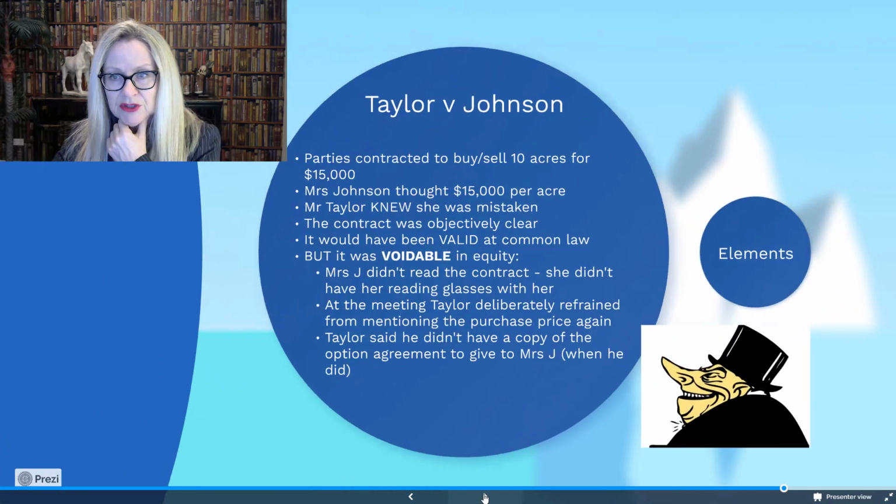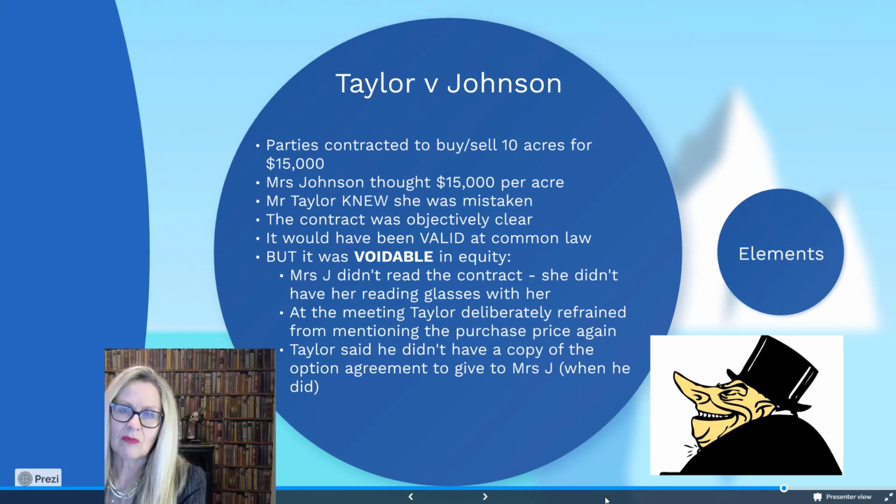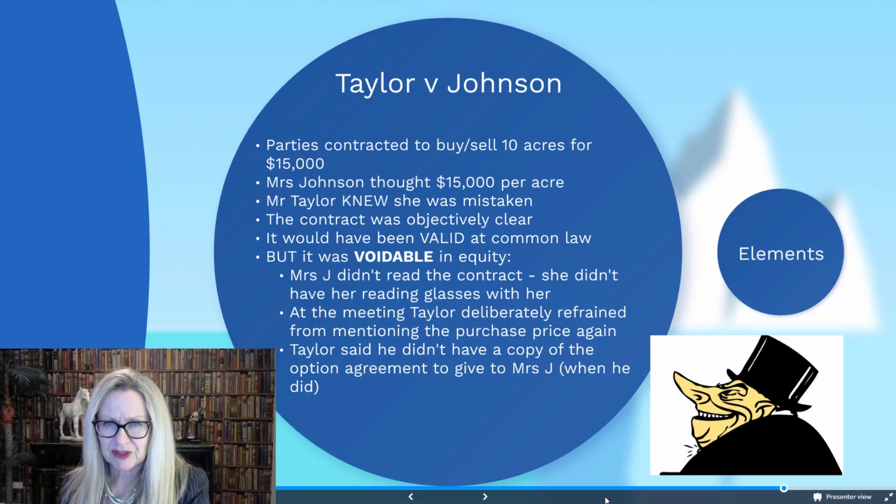And Taylor and Johnson was the case here. I'll leave you to flesh it out for yourself in your readings, but very briefly, the parties contracted to buy and sell 10 acres for $15,000. Now, Mrs. Johnson thought that this contract was for $15,000 per acre, about 10 acres, so she thought she was getting about $150,000.